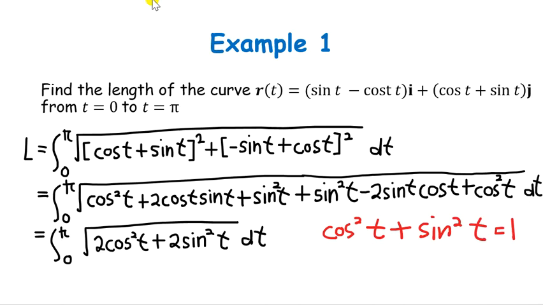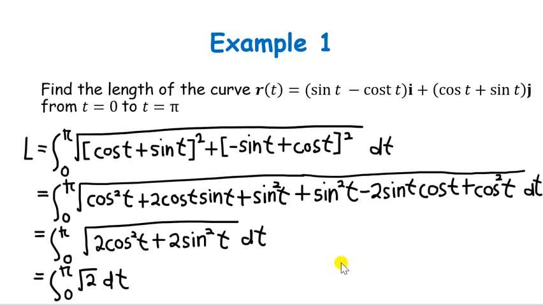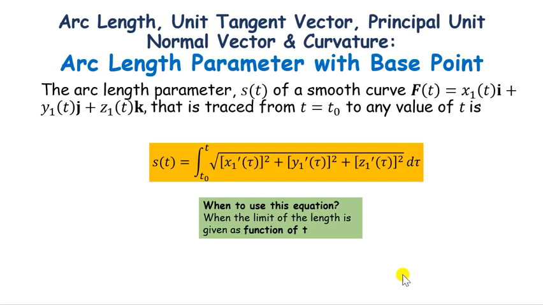So we can simplify this into just square root of 2. Then we simply integrate to get square root of 2 times t, with the limits from 0 to pi. Putting in the limits, we get square root of 2 pi. And that's the final answer for example 1.